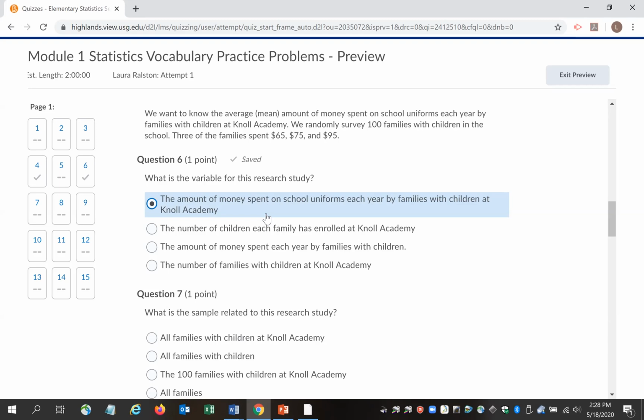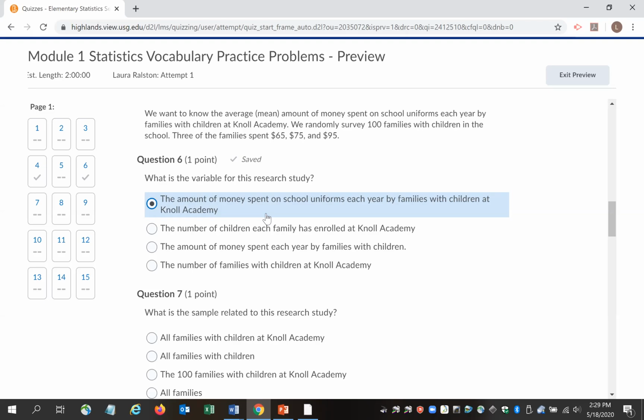The first person replied $65. Then I go up to the next person and ask the same, and they responded 75. So when you're thinking about the variable, it's what you want to know about, and think about the question you would have to ask. Okay? Yeah, I got it.